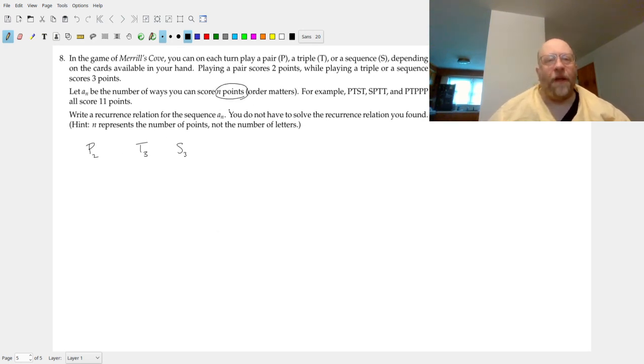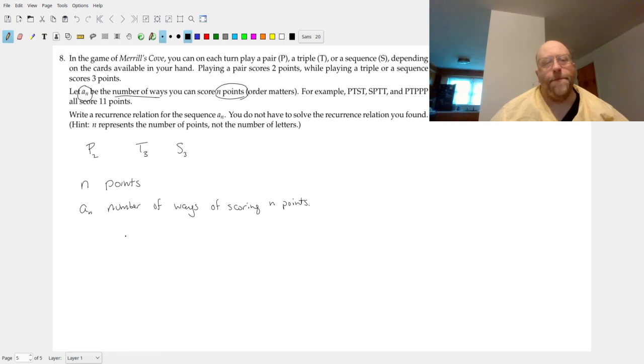N represents a number of points, and A with a little n is the number of ways of scoring. We want to write a recurrence relation for the sequence A sub n.